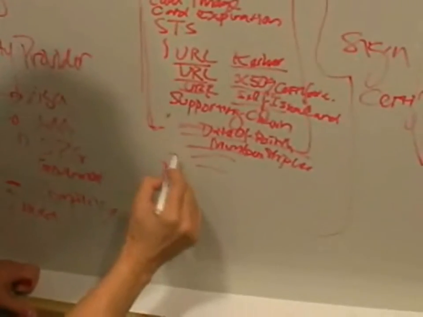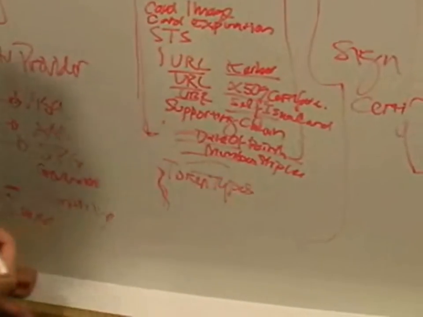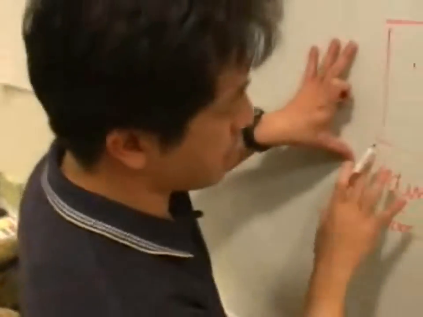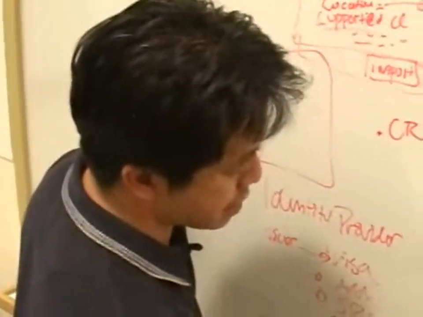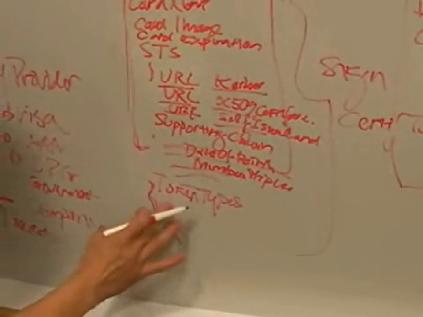I forgot to mention this is in the CRD file. Also, you have a supported token type. So if the identity provider can provide more than one token type, they can specify in here, or one token type, doesn't matter. So one example, they can say I can support, for example, SAML 1.1.